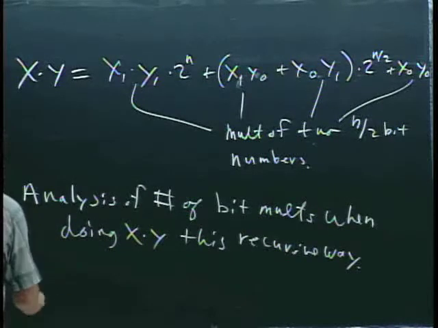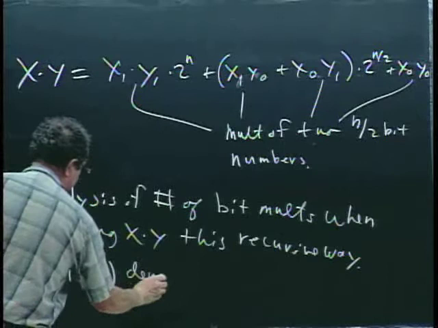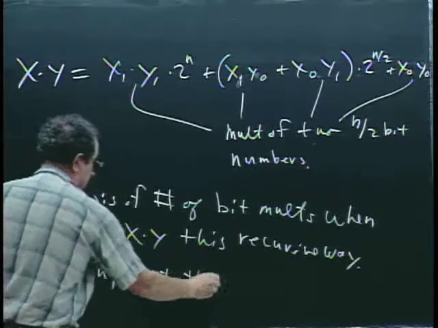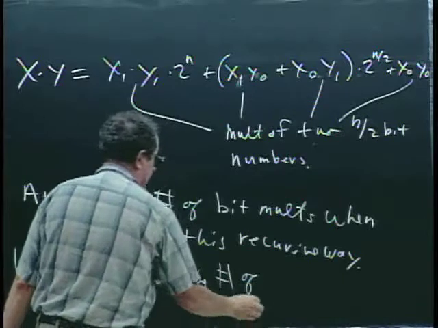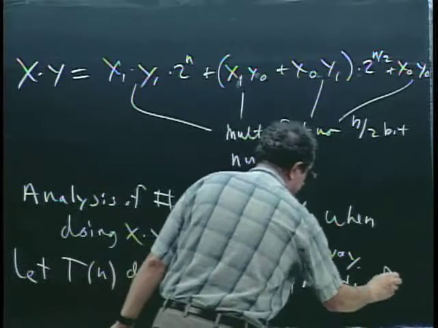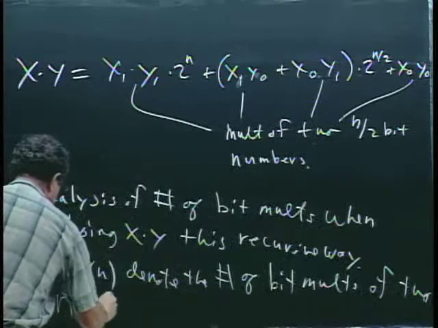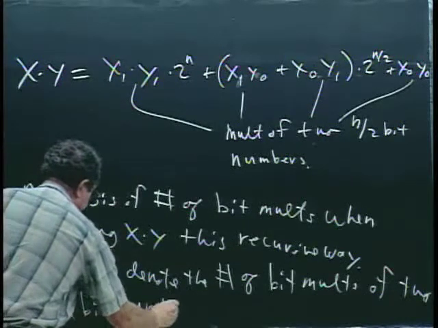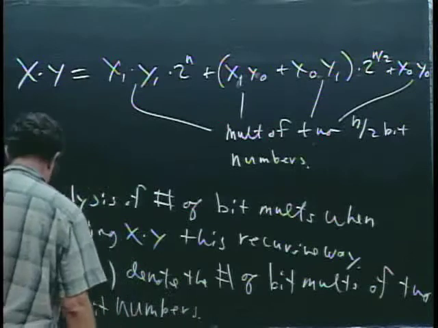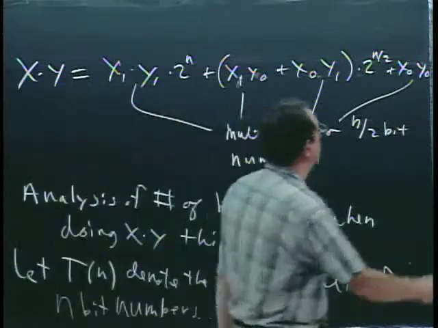Let T of n denote the number of bit multiplications of two n-bit numbers. So what do we want here?